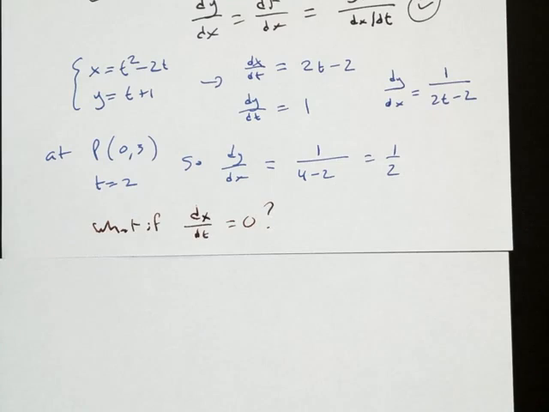And if my slope is undefined, what do I know about my tangent line? What kind of a line has an undefined slope? A vertical one.